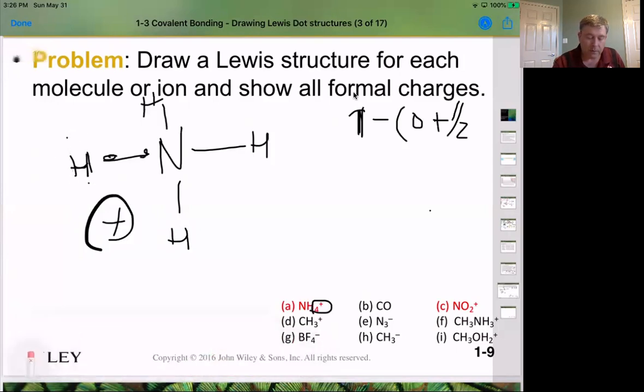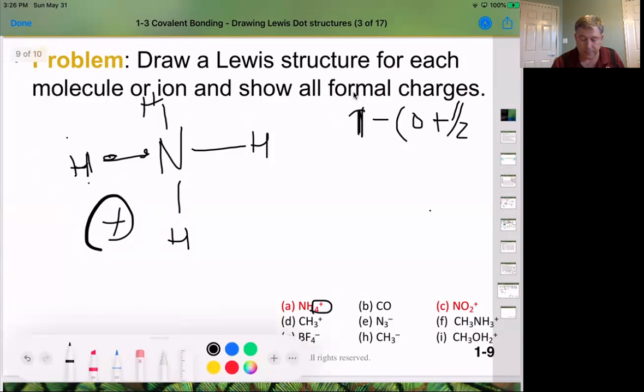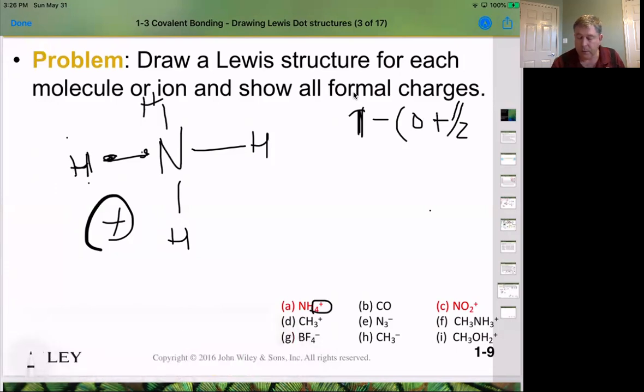We have 2 electrons that are bonded to that, 1 and 2. So 1/2 of 2 gives us a number of 1. So our formal charge is equal to 1 minus 1, which is equal to 0. So the formal charge on hydrogen is 0.